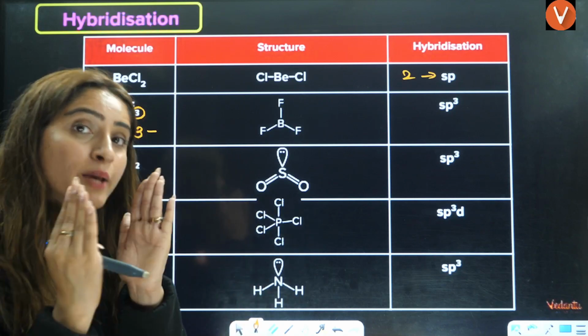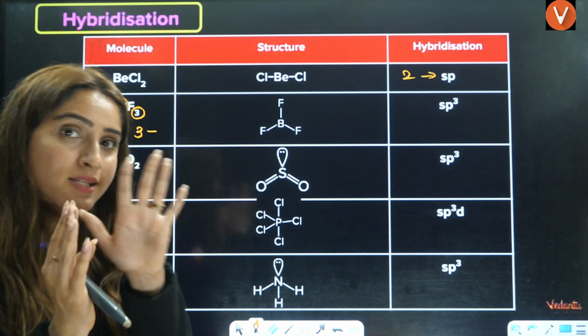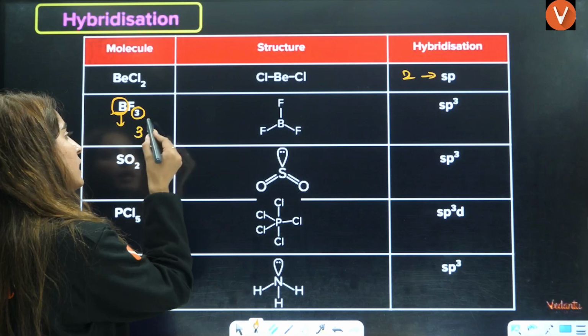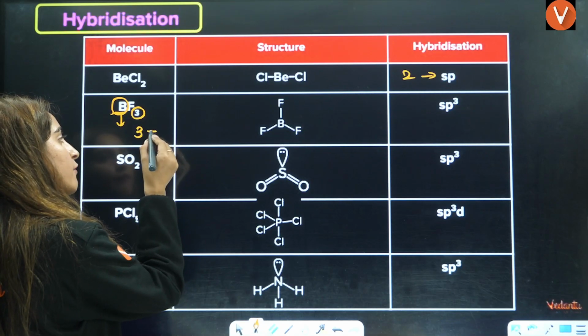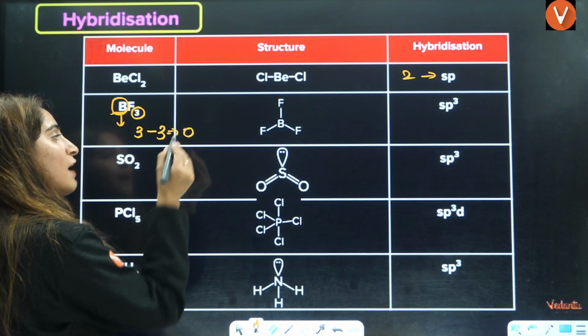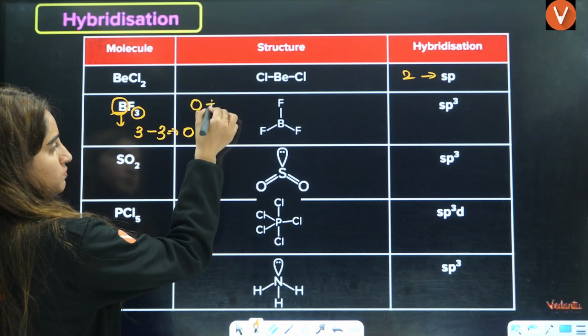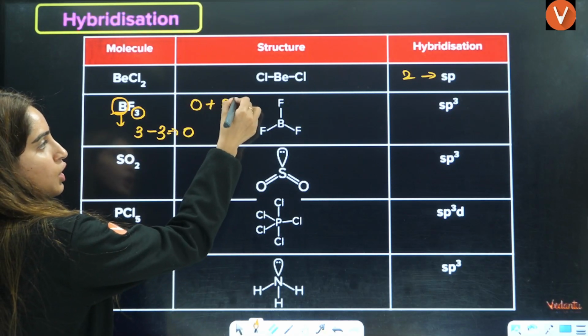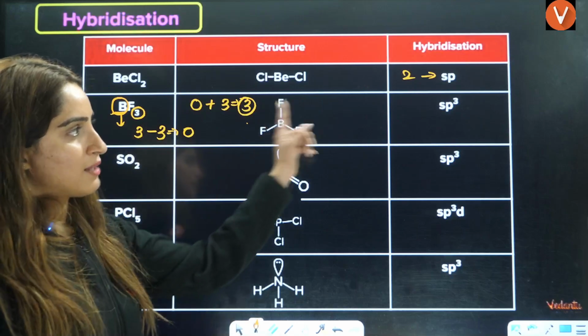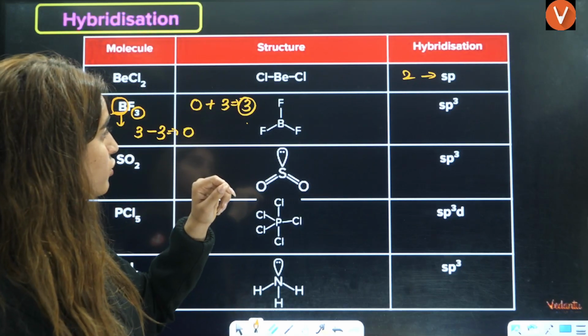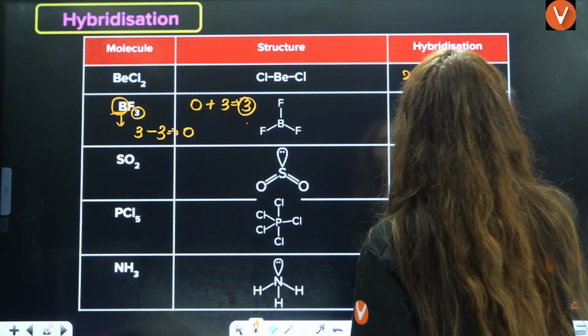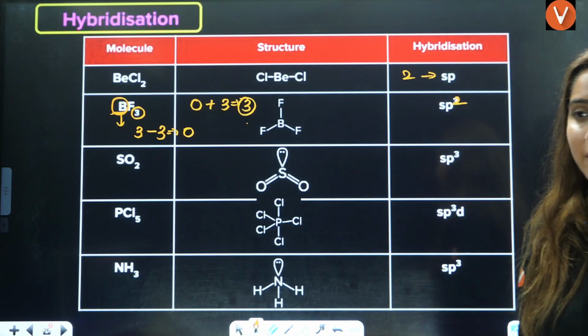That means definitely it is forming 3 sigma bonds, so there are 0 lone pairs. So lone pair plus bond pair is 3. The answer is, wait a minute, it should be sp2, not sp3.